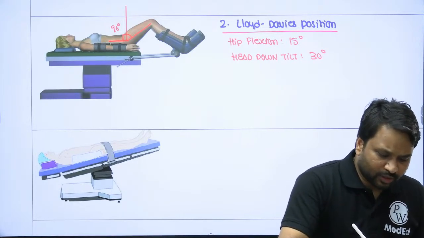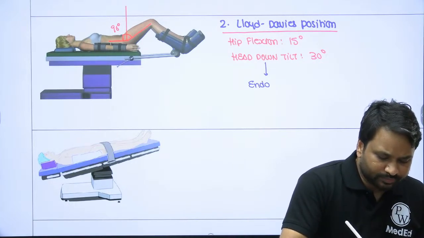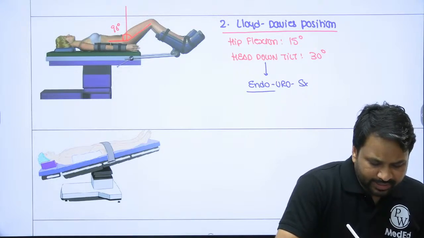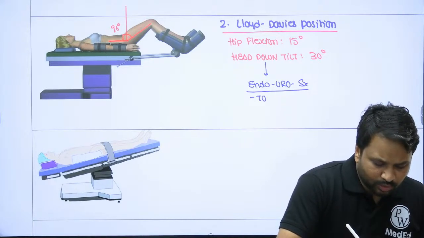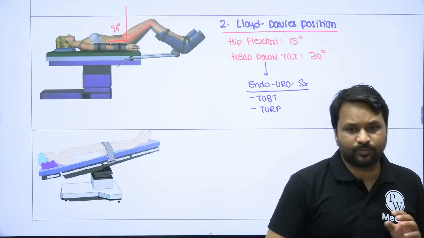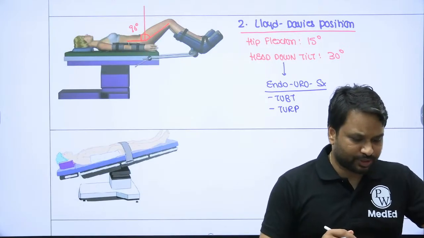Currently, the Lloyd-Davis is used for endo-uro procedures, for example TURBT, that is transurethral resection of bladder tumor, and TURP, that is transurethral resection of prostate. All these can be done in it, right? So this is with respect to the Lloyd-Davis position.